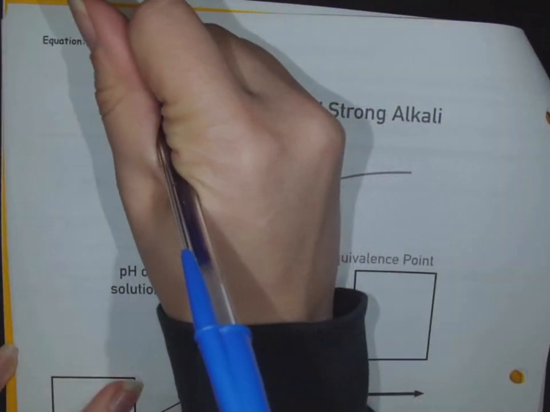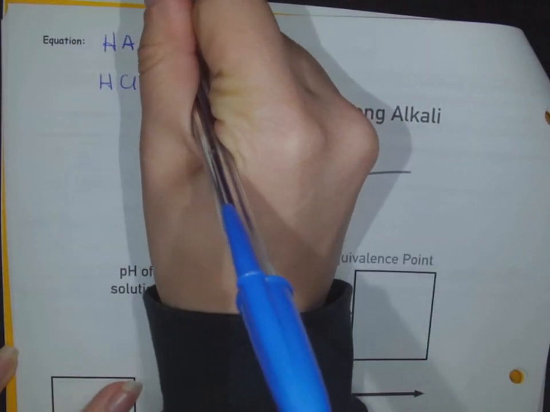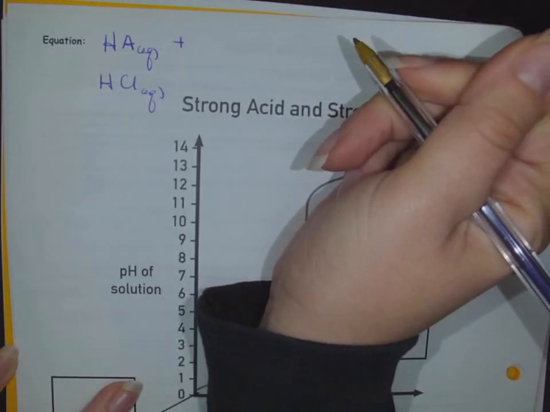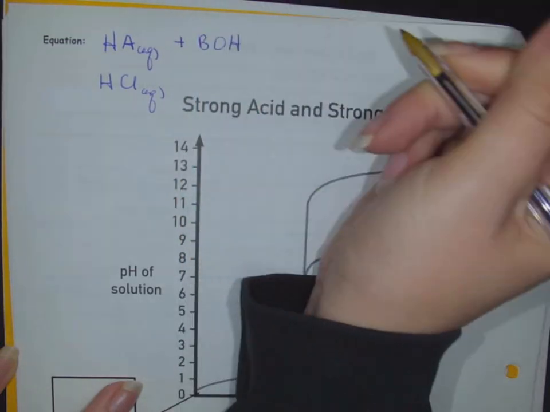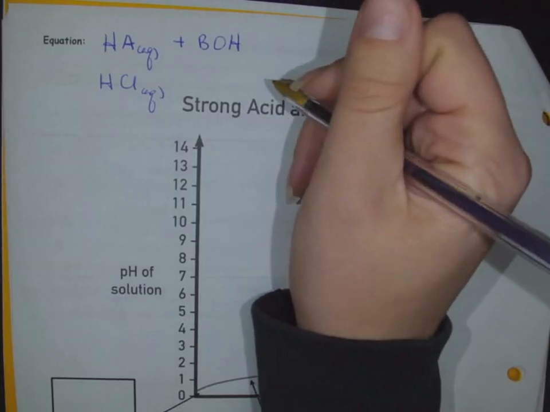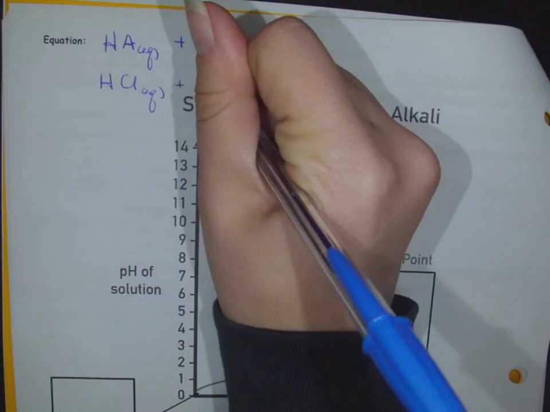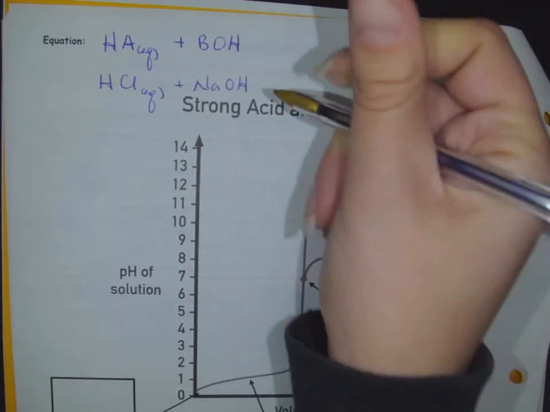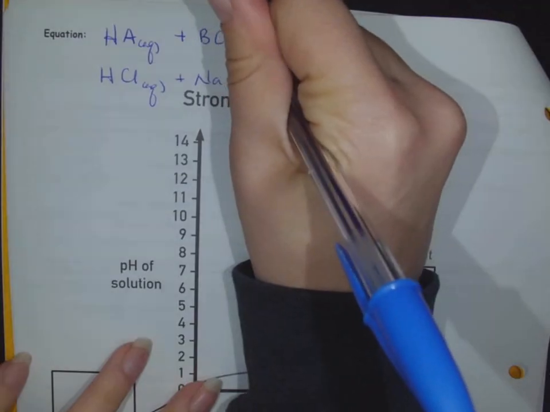And these are aqueous, they're floating around in solution. And we know it's being titrated with a strong base, okay? So we have our strong base, which is a group 1 or a group 2 metal with hydroxide. And so an example of this is sodium hydroxide. That's probably the most common one. But again, this B is just a placeholder for us. This is going to be aqueous.